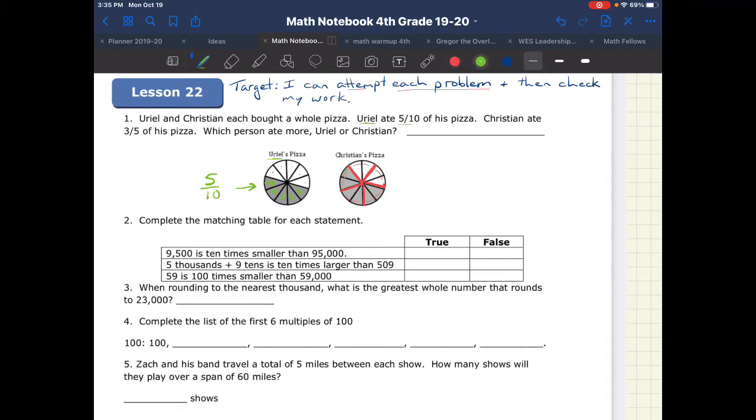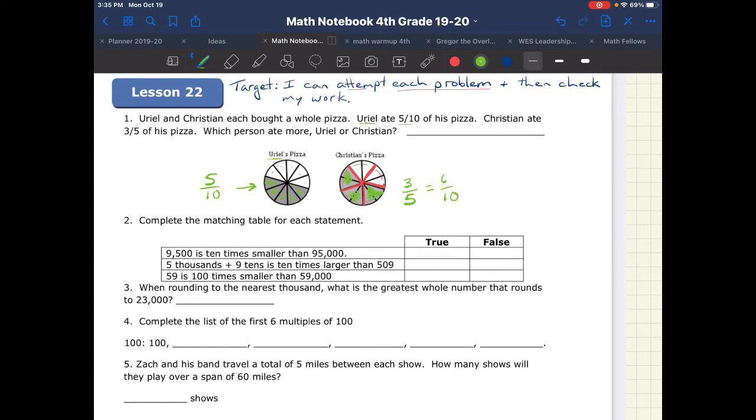So it is the shaded part that is what they ate. There's 3/5, which we can see is 1, 2, 3, 4, 5, 6/10.